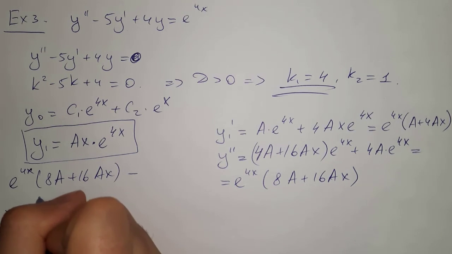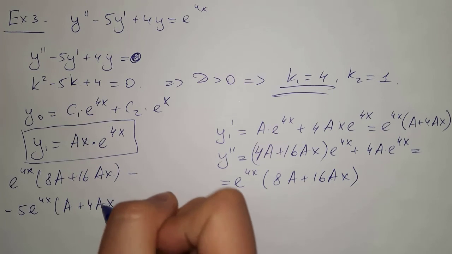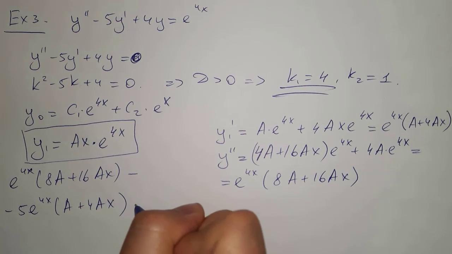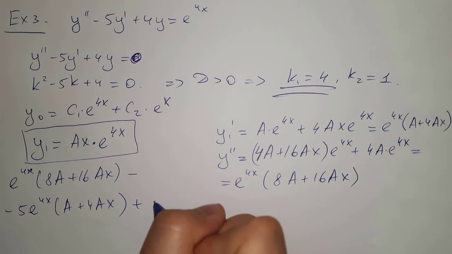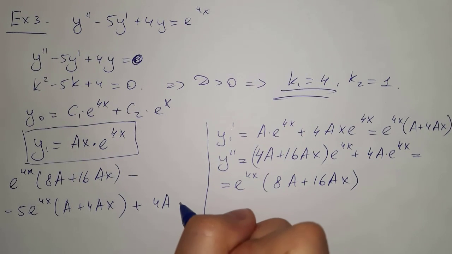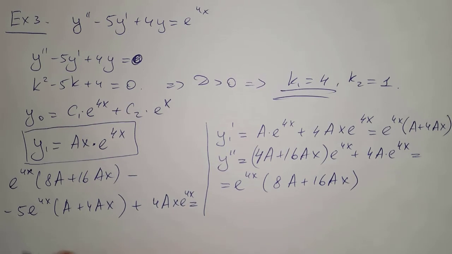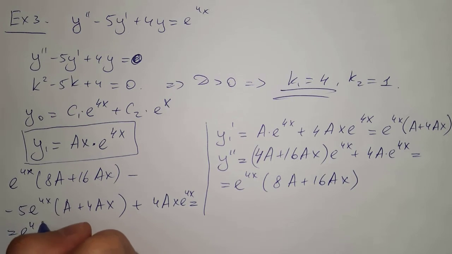Yeah, e to the power of 4x times a plus 4ax, plus 4ax e to the power of 4x equals e to the power of 4x.